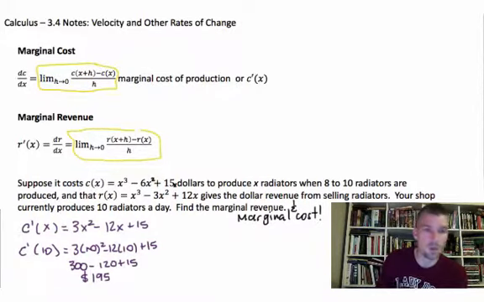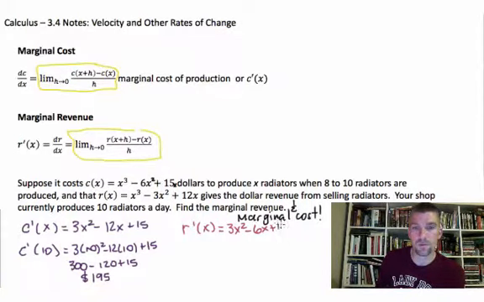Okay, marginal revenue then is on the other side of that, and so we're just looking at the derivative of the revenue function, which is going to be 3x squared minus 6x plus 12. And then I also want to do that guy when we're looking at 10 radiators a day.